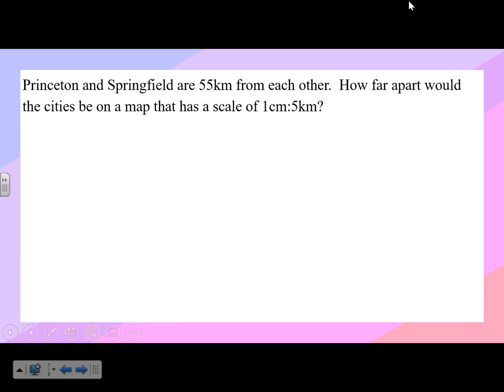Princeton and Springfield are 55 kilometers from each other. How far apart would the cities be on a map if the scale is 1 centimeter to 5 kilometers? So this is the map to the actual. So we have 1 centimeter on the map is 5 actual kilometers. And it is actually 55 kilometers then in the actual.